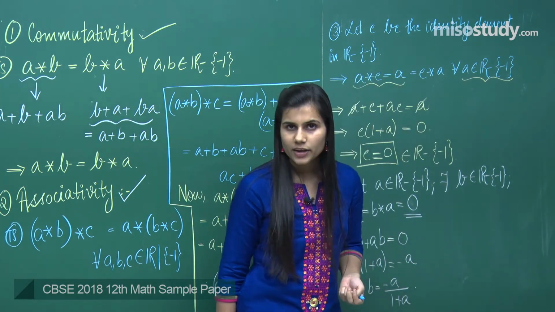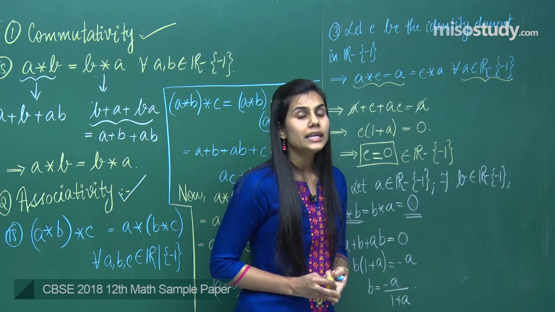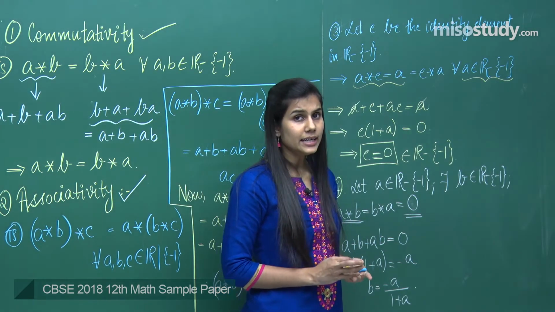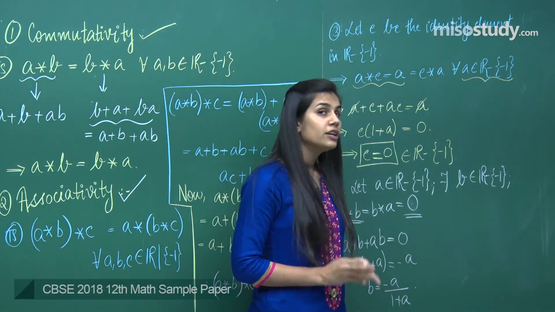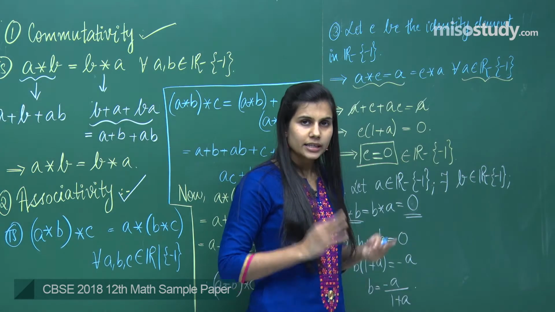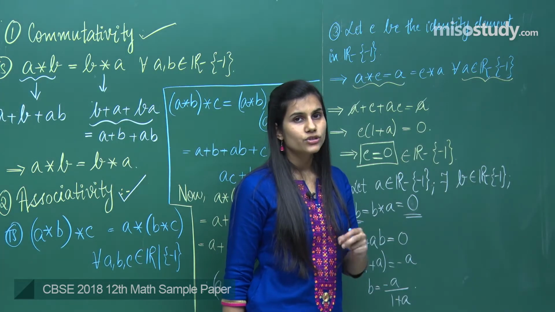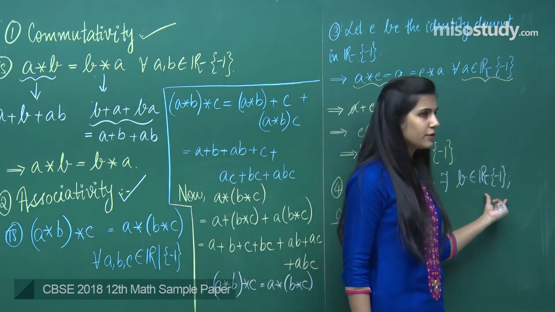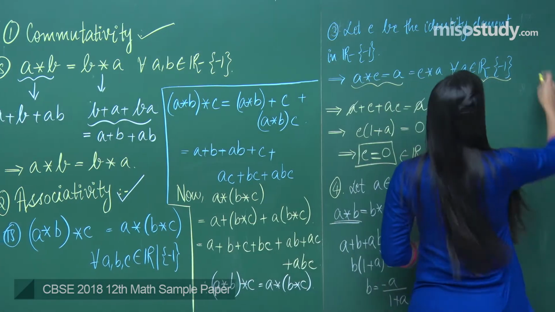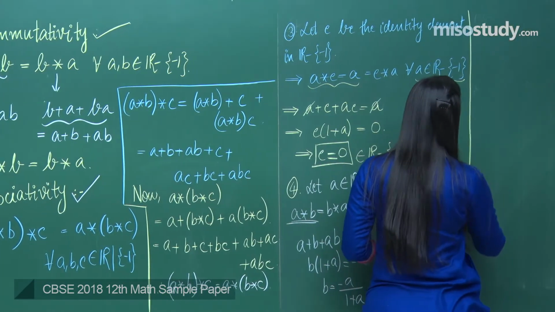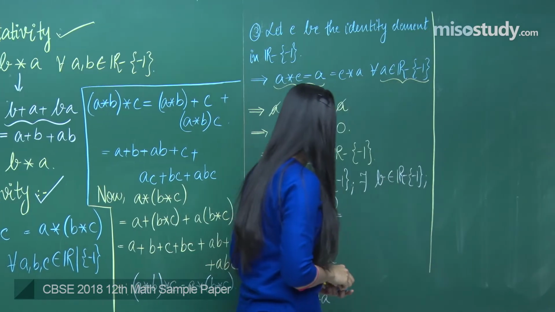Two things need to be verified over here. One, that B is a real number. Secondly, that it is a real number not equal to minus 1. These are the two things which we need to verify, which are going to prove that this B is coming from this set. So if I wish to do that, how should I proceed?